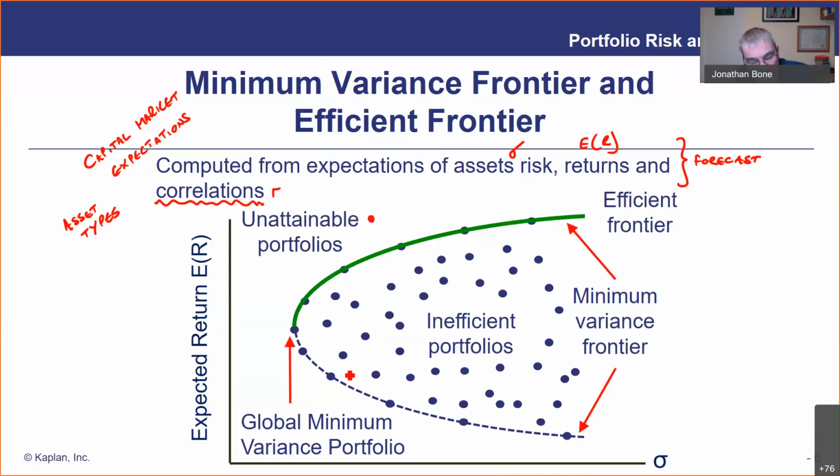So even though this portfolio here is on the minimum variance frontier, it's still inefficient because, again, by choosing a portfolio up here that lies on my efficient frontier, I'm getting a higher expected return for the same level of risk. Therefore, risk-averse individuals will only ever choose risky portfolios on the efficient frontier.